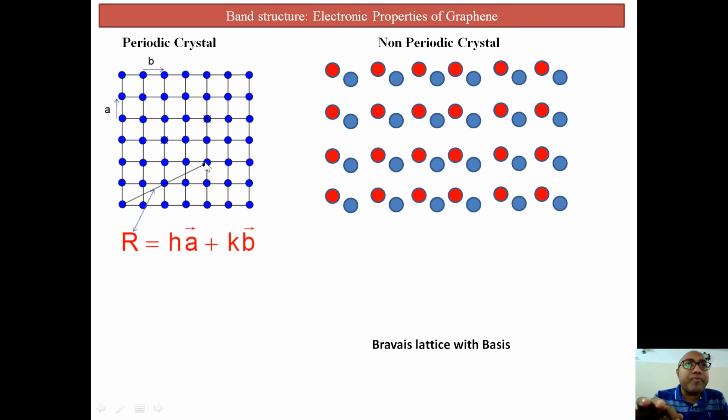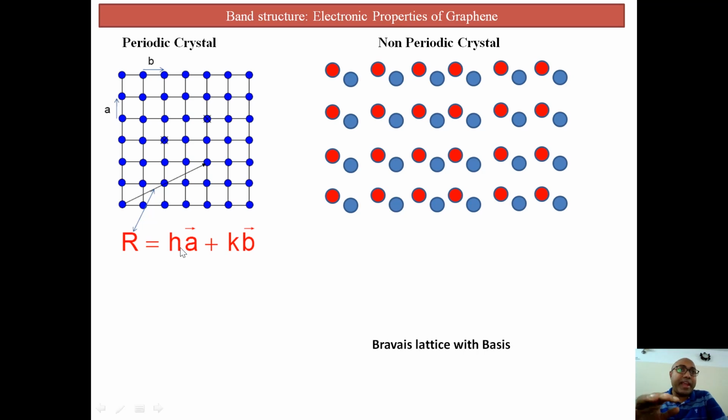Or you can see that this is my atom and you have another atom. So how to reach from this atom to this atom? It is like an integer. So from here to here is a bar. So if you multiply h integer over here and then in the x y direction, you have to multiply k integer. You will reach over there.